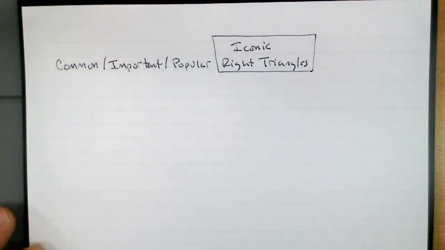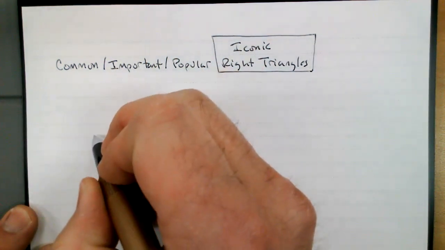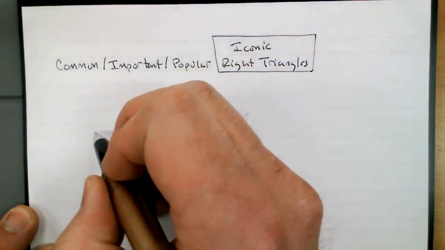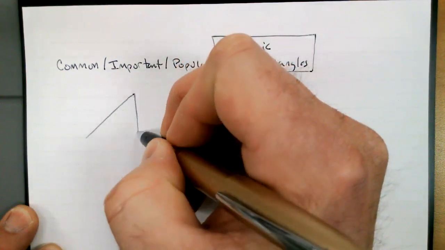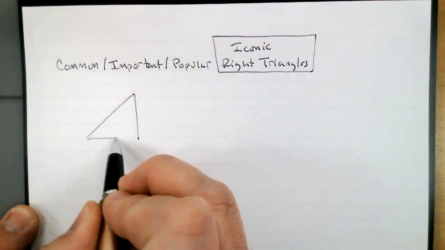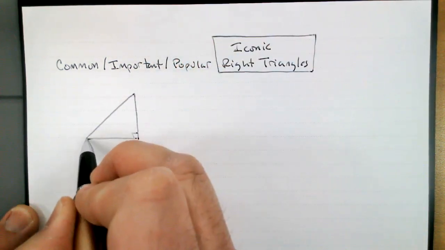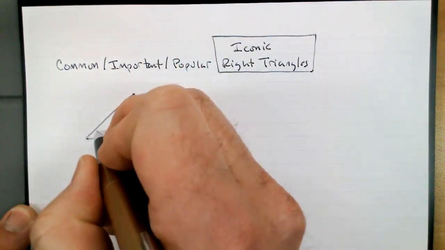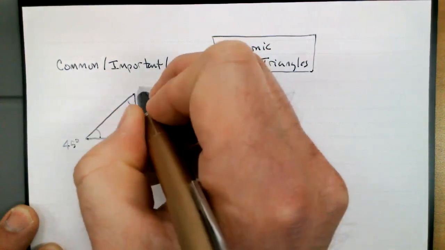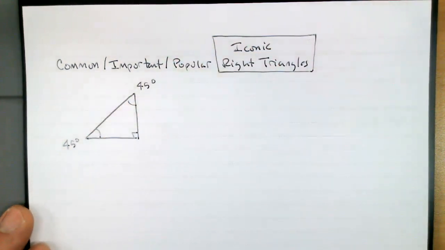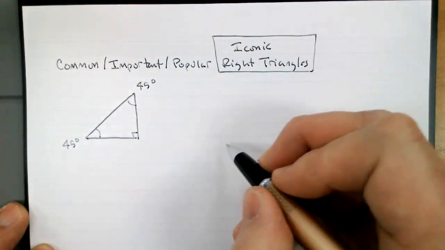So the iconic right triangles are the isosceles right triangle, otherwise known as the 45-45 right triangle, and the 30-60-90 triangle.